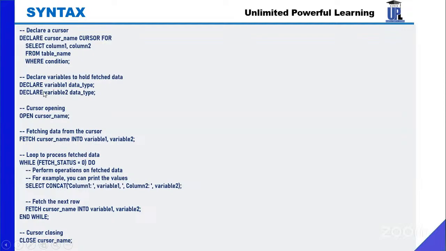Similarly, if you want to open the cursor, how do you do that? Open cursor name. Whichever cursor you have queried, it is like you have attached the tap, and now if you want to open the tap, you open the cursor name. Once you open it, fetch the data from the cursor.